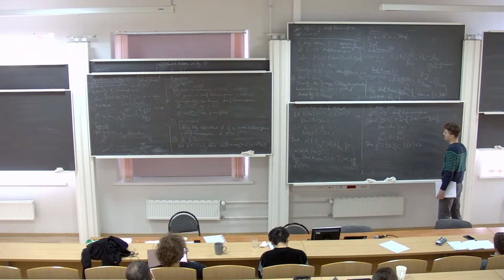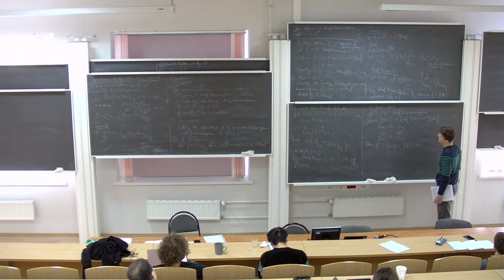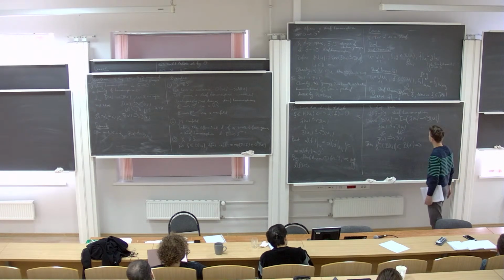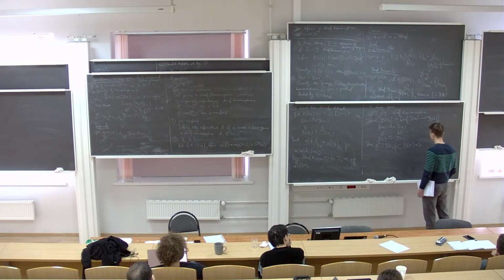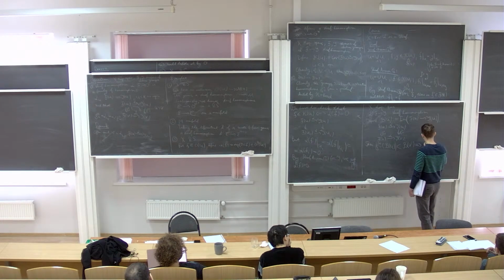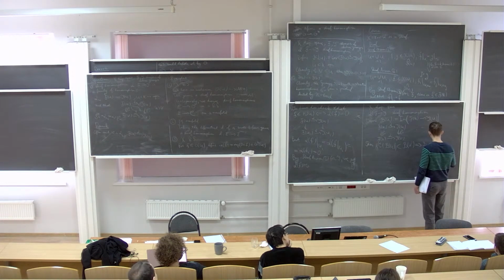So this means that these image subgroups form a presheaf, so B is a presheaf.